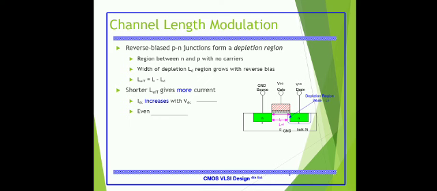So ID's value increases with respect to the drain source voltage. Here you can see the source, gate and the drain, and the depletion width is shown here. When there is a reverse bias, the depletion region forms a width of LD.